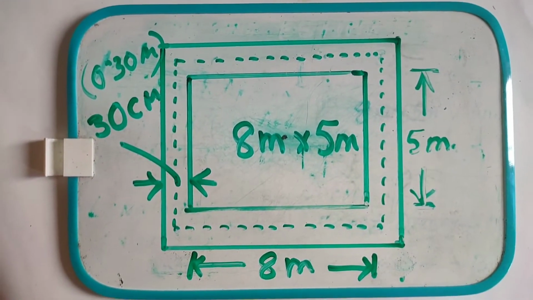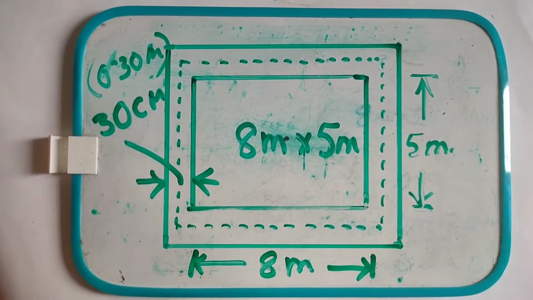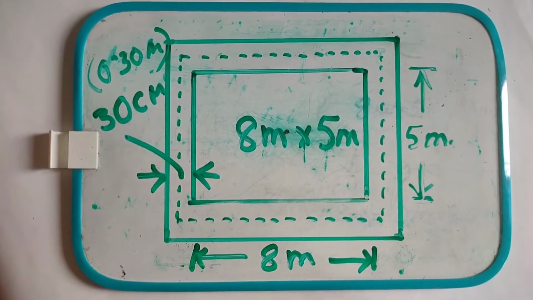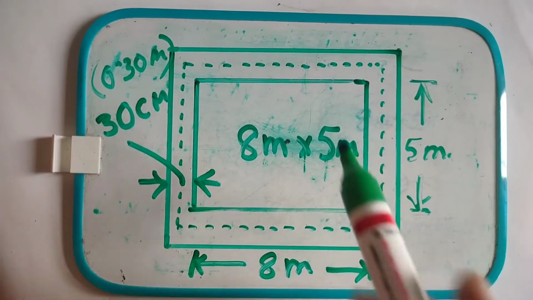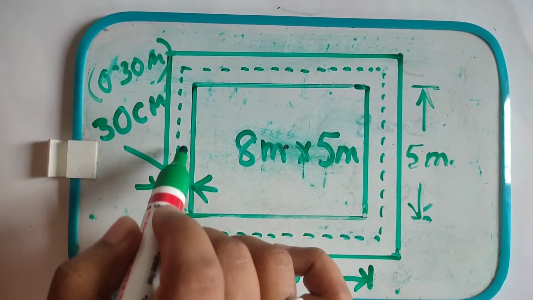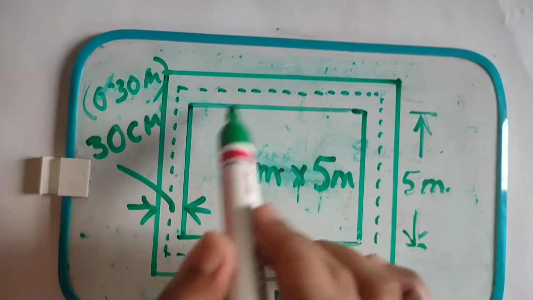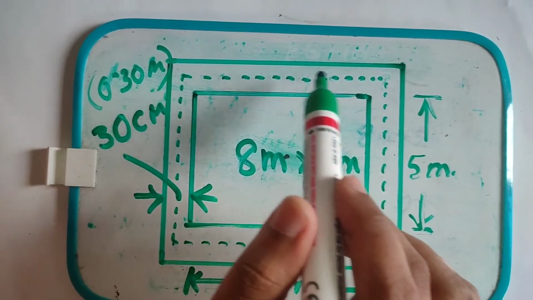So while calculating length for long wall and short wall, first of all we do one thing. This wall is divided into two parts. See, the wall thickness has been divided. See these imaginary lines.